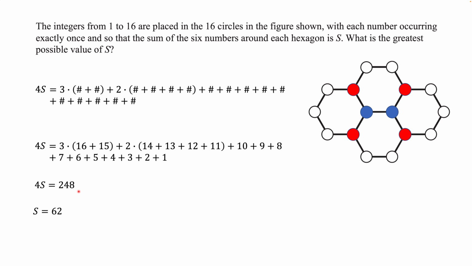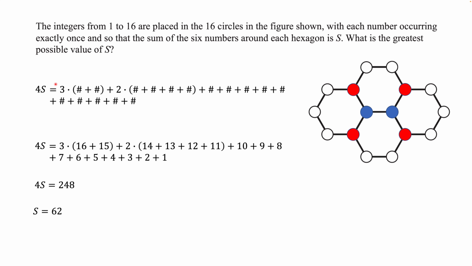Okay? But now, what we did here is really, we didn't really look at this picture when we calculated these things. We are not sure yet that whatever we calculated here is actually possible to create here. Okay?